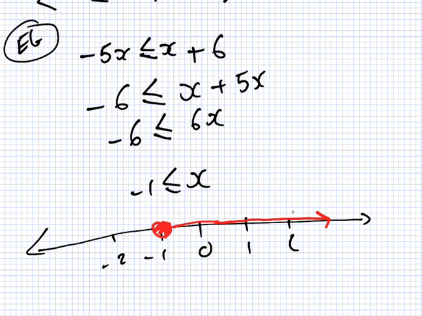So write that down. And so far it looks just like a linear equation. But there are some special rules we have to consider. It's not always quite like this.